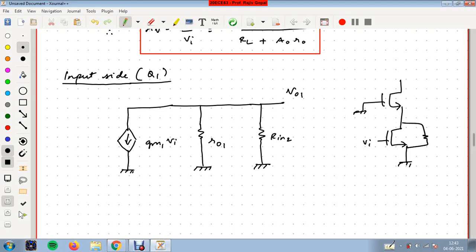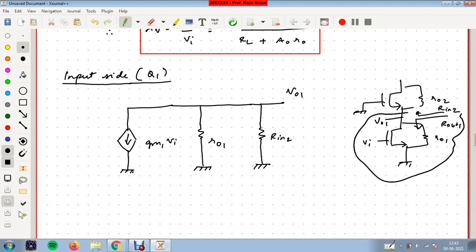This was R01. This was R02. In this direction you get R out1, correct? And in this direction you get R into, right? And this was V01. So this part I have drawn like this, using a dependent current source, R01 and R into.